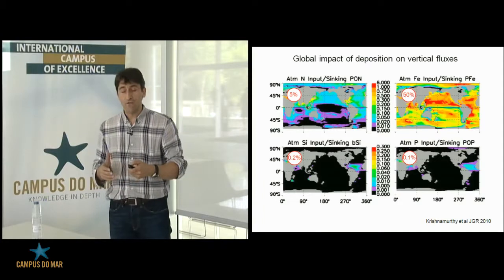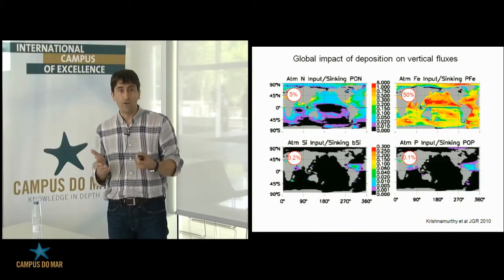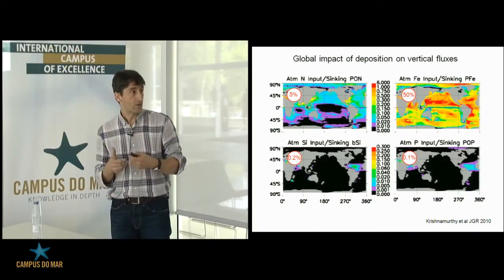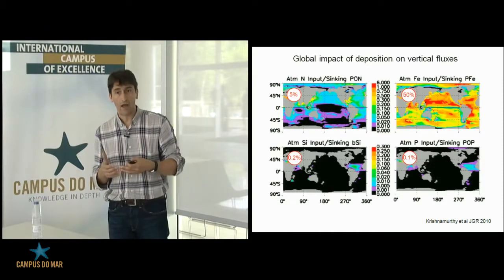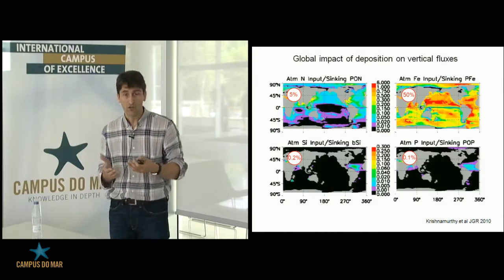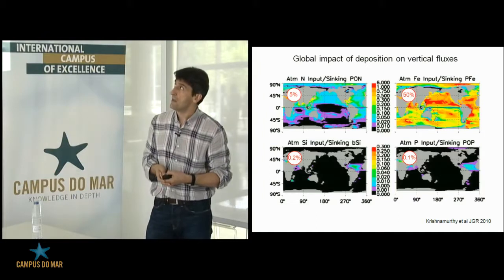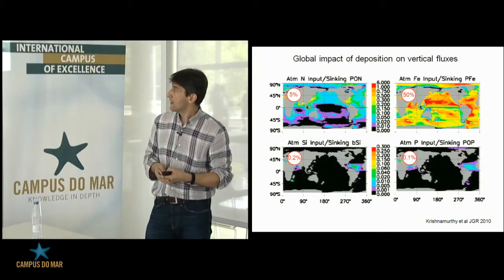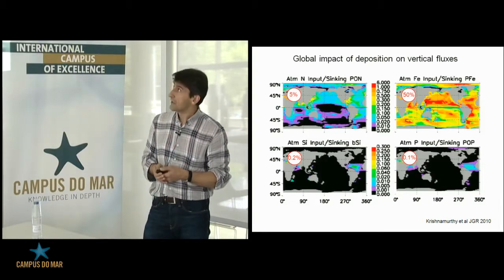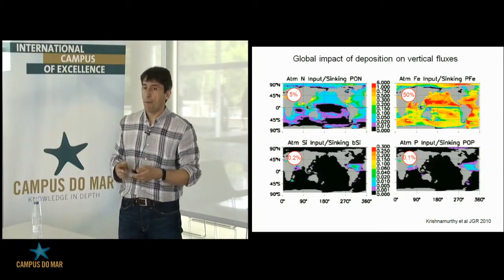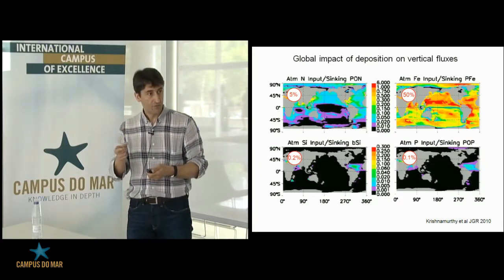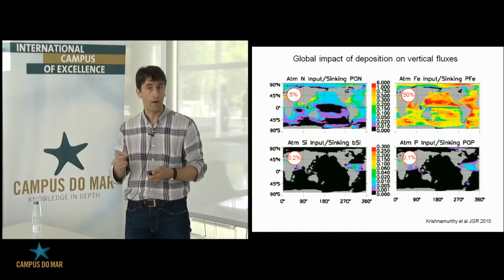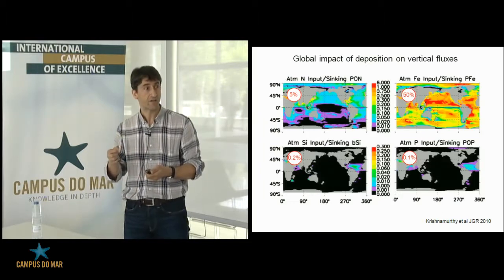Obviously, if we want to have an integrated perspective, we require modeling, because it is the only way to have a high resolution picture of what the patterns may be. And this is work by Krishnamurthy and co-workers. What she found here is that in general, the amount of material coming in from the atmosphere is relatively small compared to the amount of material that is exported.